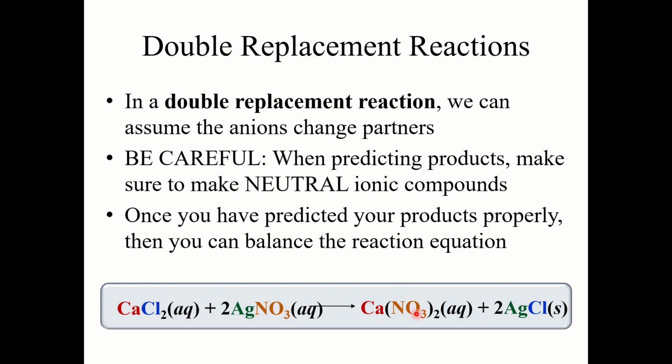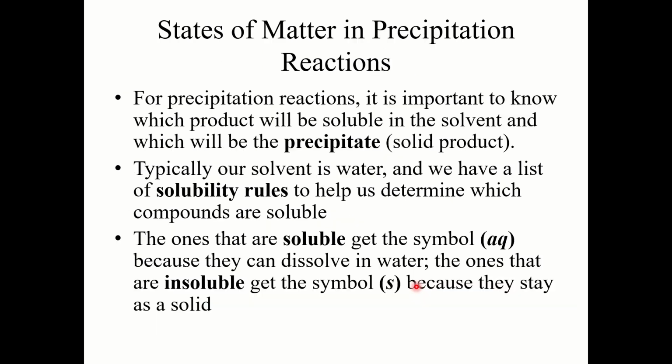So these ionic compounds in the products are neutral. Calcium is +2, nitrate is -1, so the formula here is CaNO3. Silver is +1, chloride is -1, so this would just be AgCl. So you start by predicting the products, and then you'll place coefficients in to make sure the reaction equation is balanced.